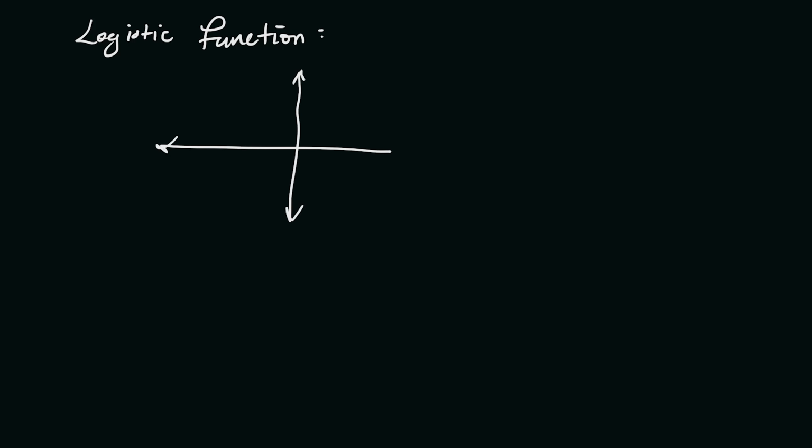Now, this is a function that we barely use, and it's called a logistic function. Our logistic function is a little bit different, but it's not entirely too different from what we've seen all along. So it looks something like this. How we write this is y equals 1 over 1 plus e to the negative x.